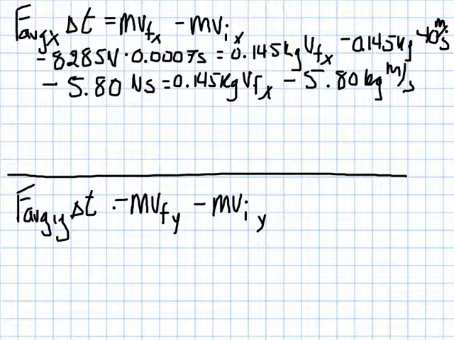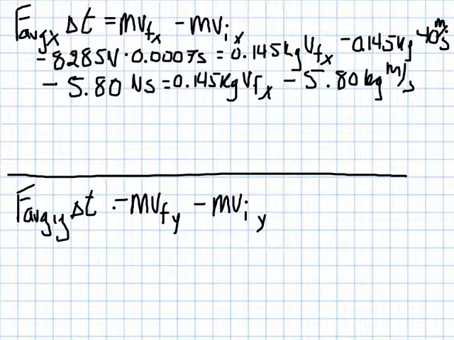The units look different until you remember that a newton is actually kilograms meters per second squared. And so even though they're written differently, these units are the same, newton seconds and kilogram meters per second. Well, we have the same number here, negative 5.8, and over here a negative 5.8.